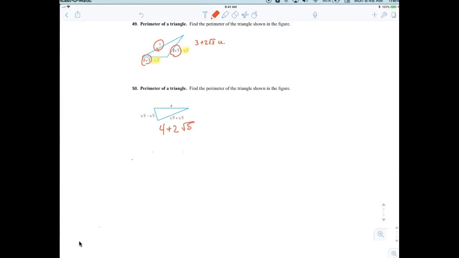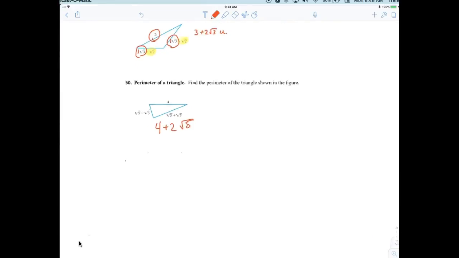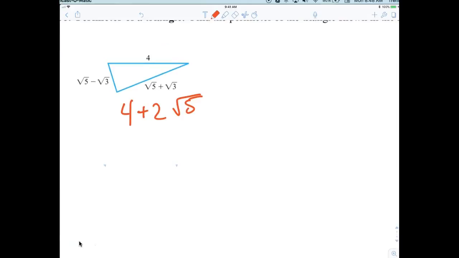How did you get the plus 2? How did I get 2 radical 5? It's 1 radical 5 and 1 radical 5. But then what about the radical 3s? They cancel out, because one's negative, one's positive. You hear me on that, right?